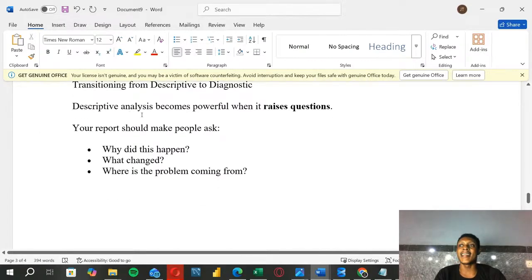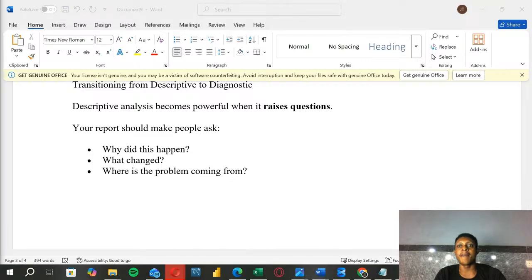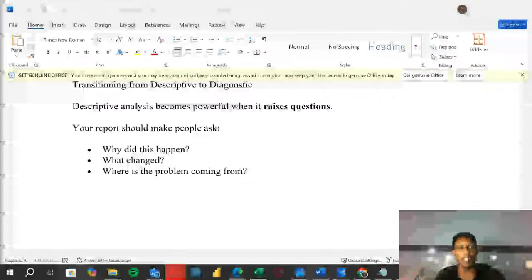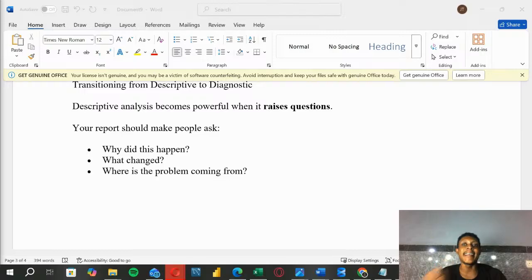Descriptive analysis becomes powerful when it raises questions. Your report should make people ask: why did this happen? What changed? Where is the problem coming from? That is your bridge to a high-paying role.